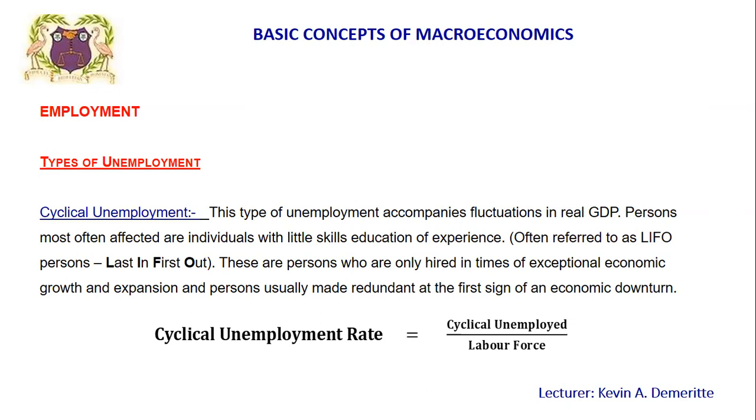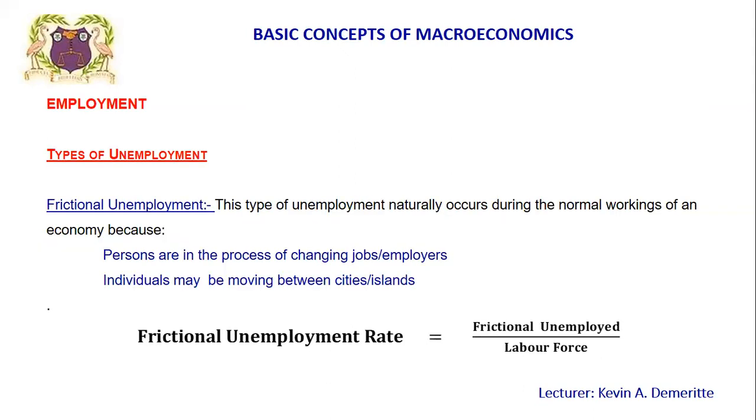So the first type of unemployment we talked about is cyclical unemployment, unemployment that accompanies fluctuations in the real economy. Then we have what is called frictional unemployment. These people we don't worry too much about because this is the type of unemployment naturally occurring during normal workings of the economy.